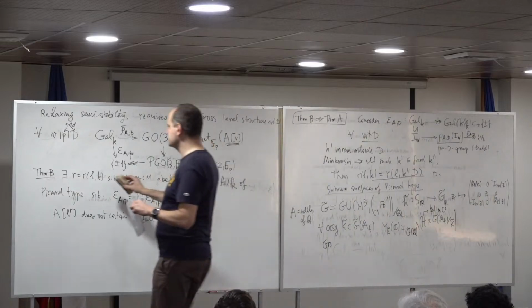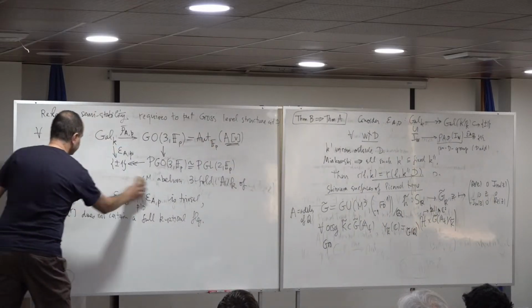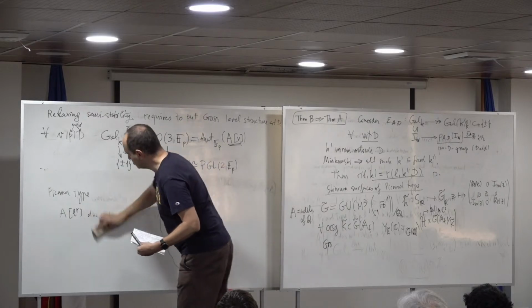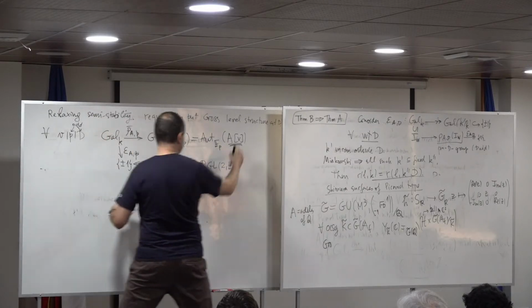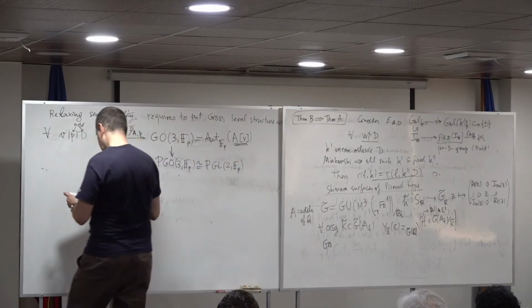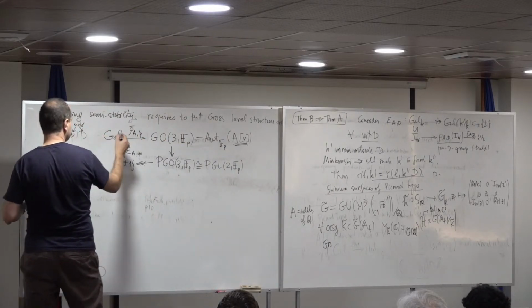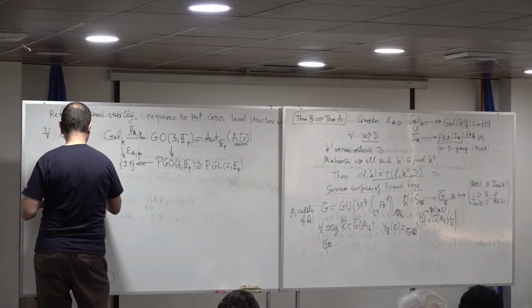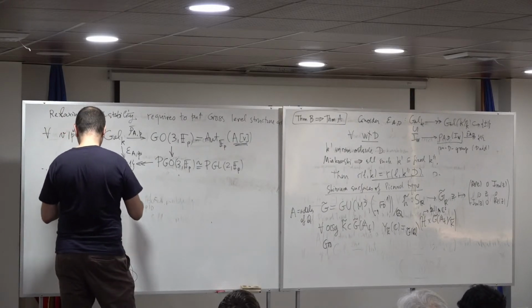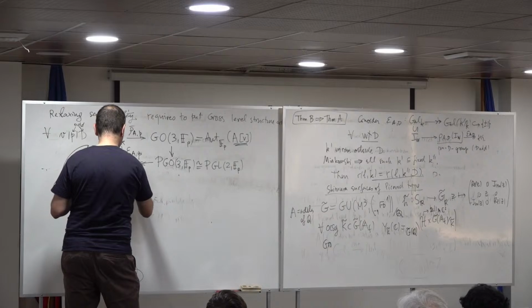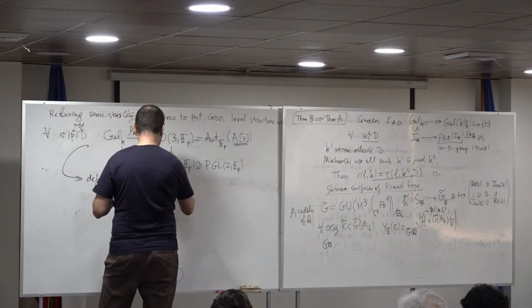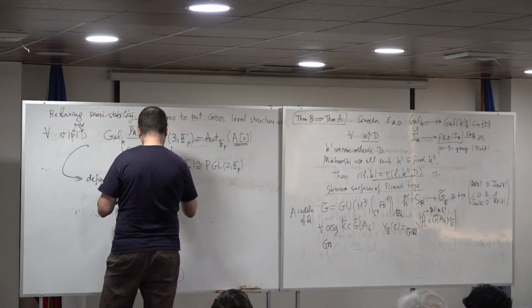So this condition defines an index 2 subgroup, which I denote K double prime, for some reason.